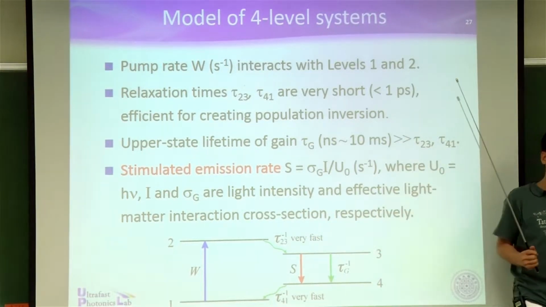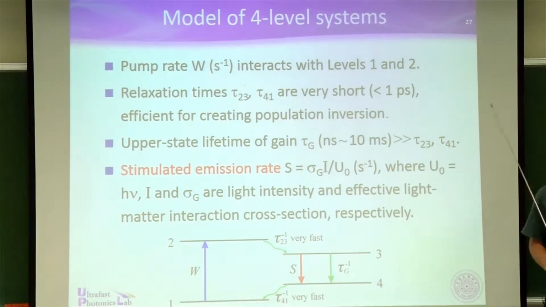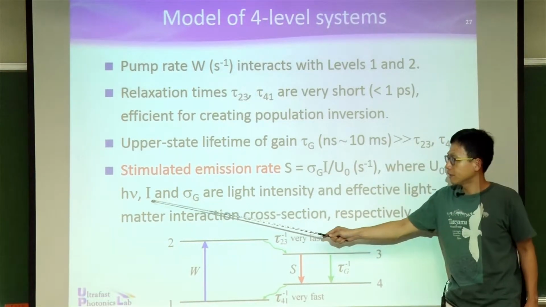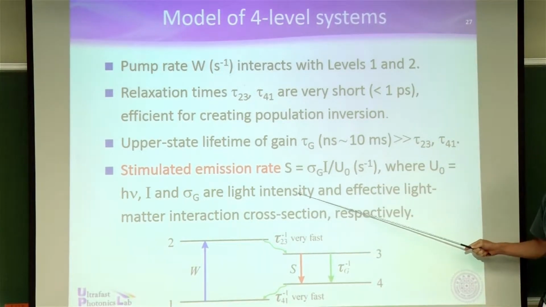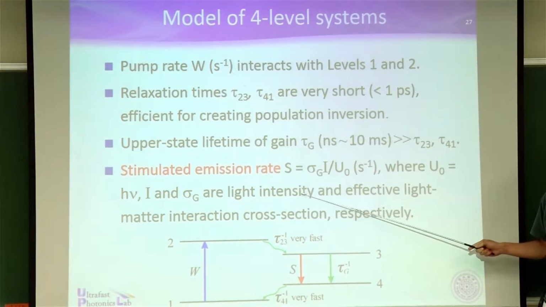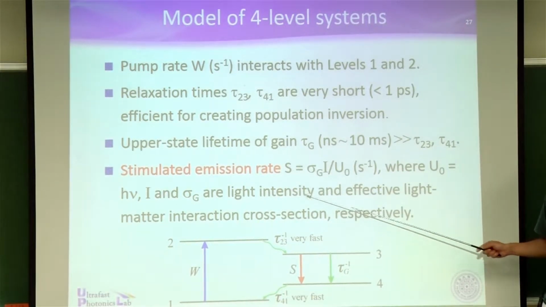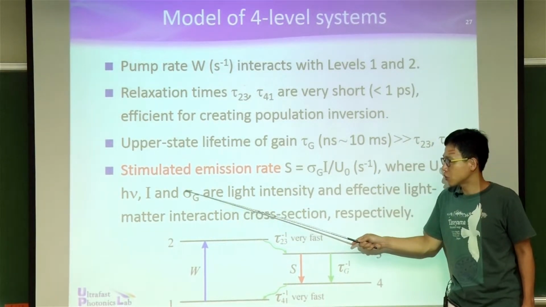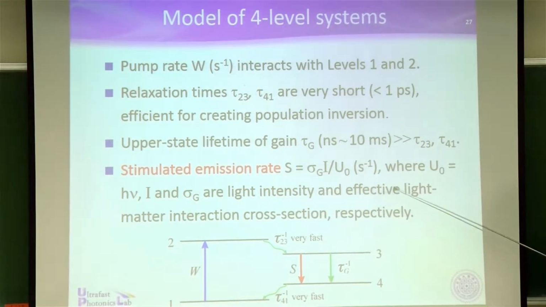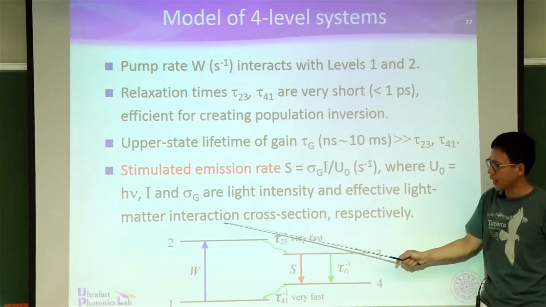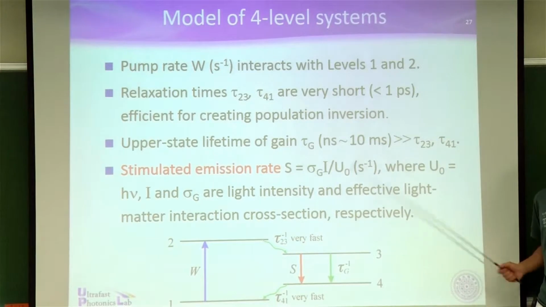So you must identify it's the single photon energy, right? I is the light intensity or power density, watt per meter square. And sigma g is the effective light-matter interaction cross-sectional area.